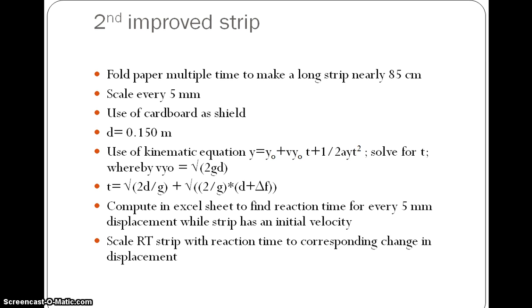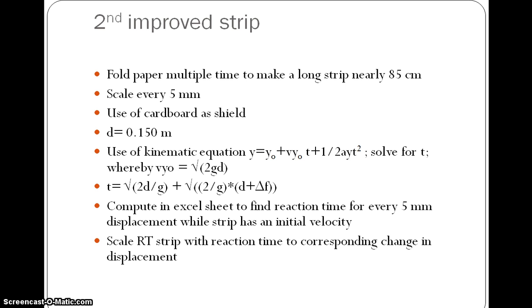And the vy0 will have a value of the square root of 2 times gravity times the distance. And so we will get an equation whereby time is equal to the square root of 2 times distance divided by gravity, plus the square root of 2 divided by gravity times the distance plus the displacement, the change in displacement.